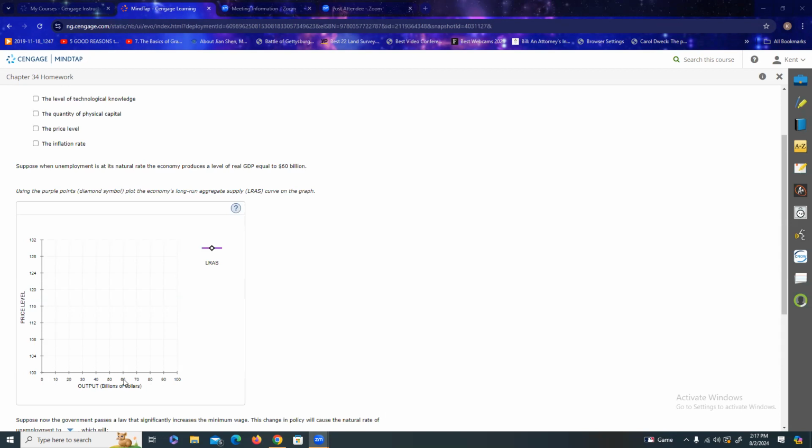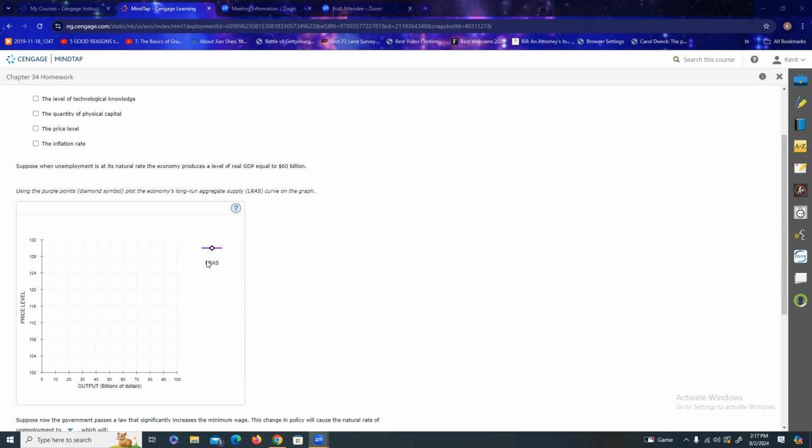When we are at the natural level of output, we are at the natural rate of unemployment. So the key to this question is to recognize that the natural rate of unemployment takes place when the level of real GDP is at its natural level of output.